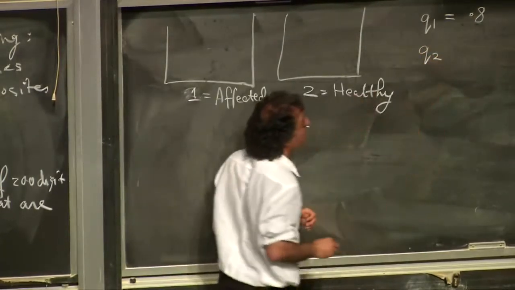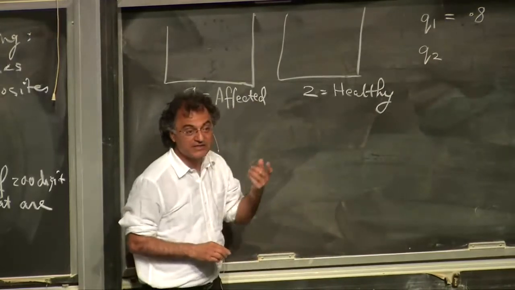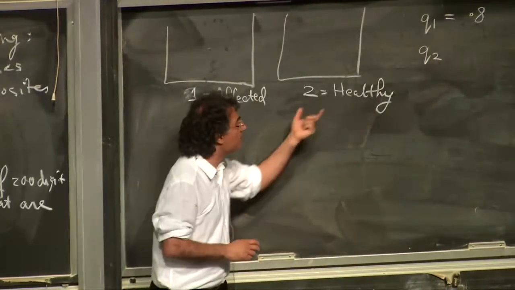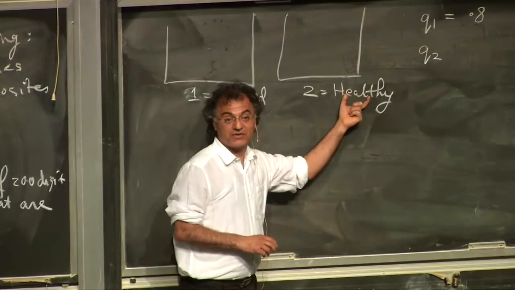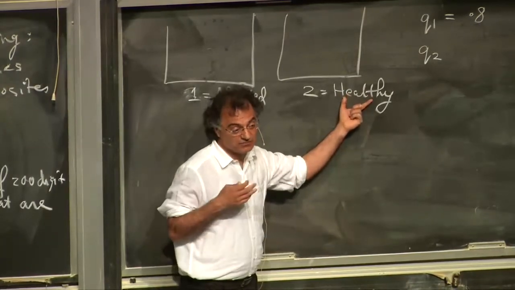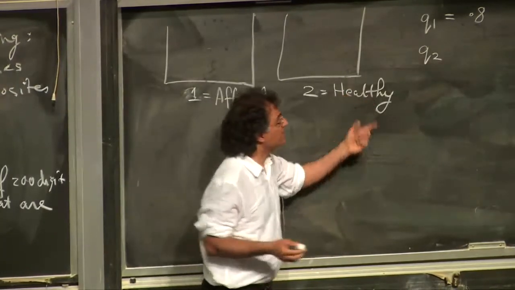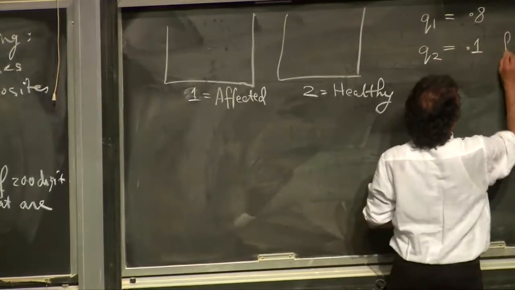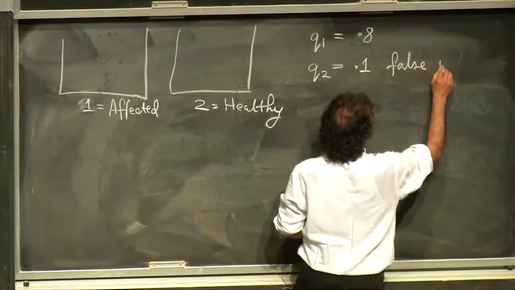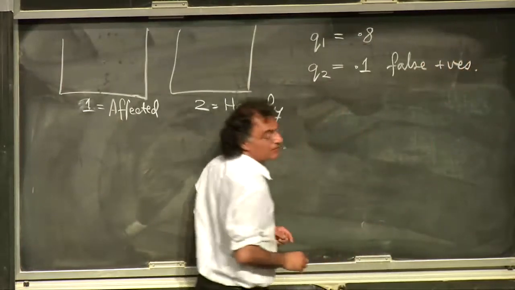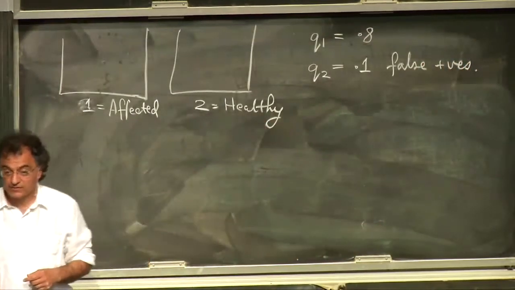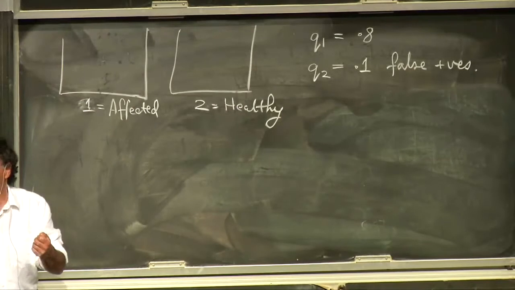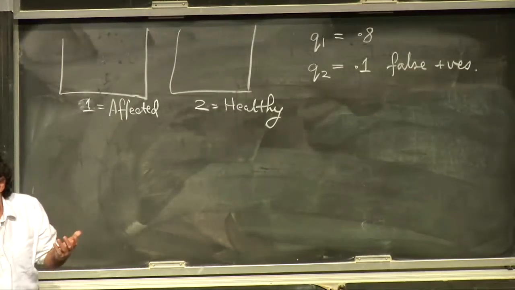Q2 is the probability that the test comes up positive, even though you gave it to a healthy person. So this is a problem for us, right? So let's say Q2 is 0.1. So these are the false positives. The test came up positive, but it wasn't supposed to.